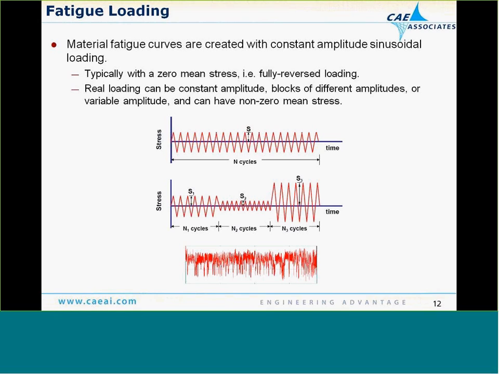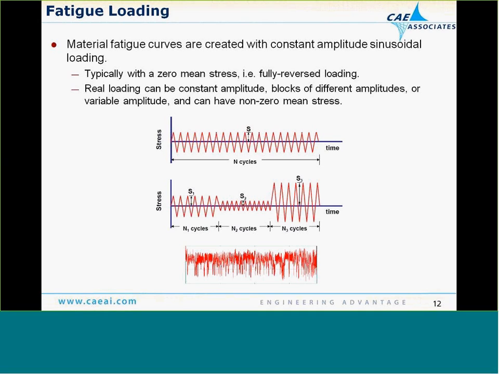Material fatigue curves, as I mentioned earlier, are typically constant amplitude, uniaxial sinusoidal loading, typically with a mean stress of 0, so it's fully reversed, as shown in the first plot there. But as we know, real loading in our engineering products can be very different than just a simple uniaxial, fully reversed load.